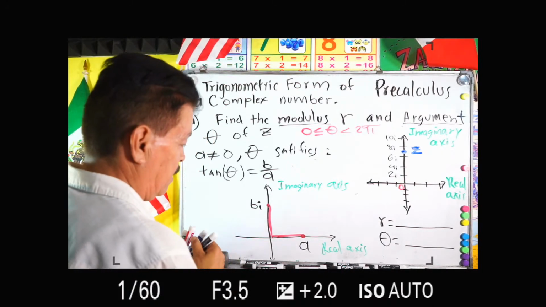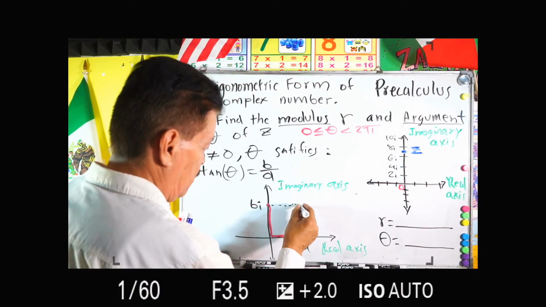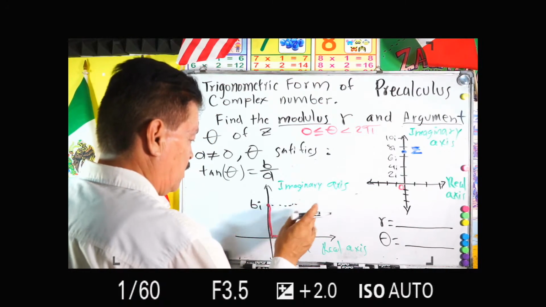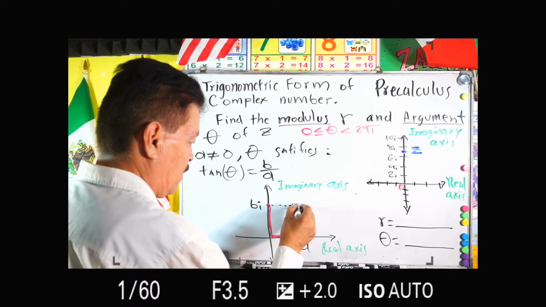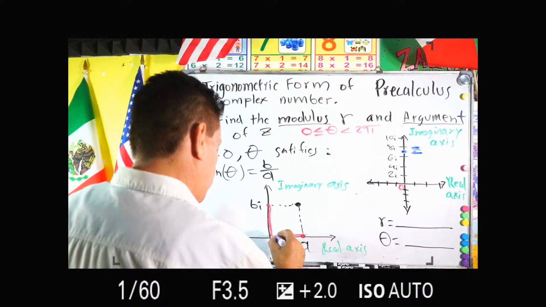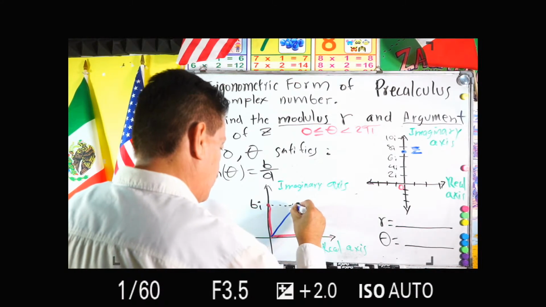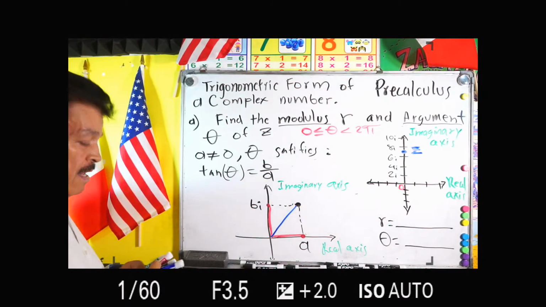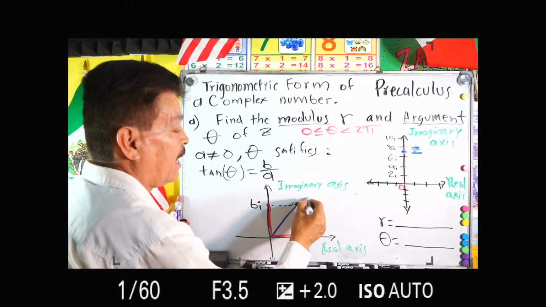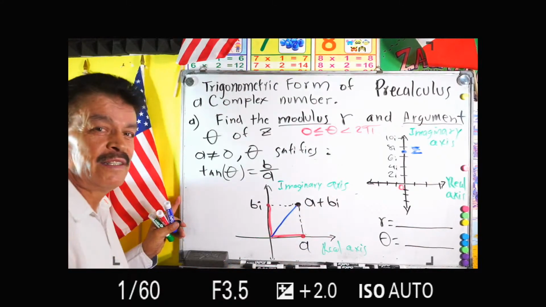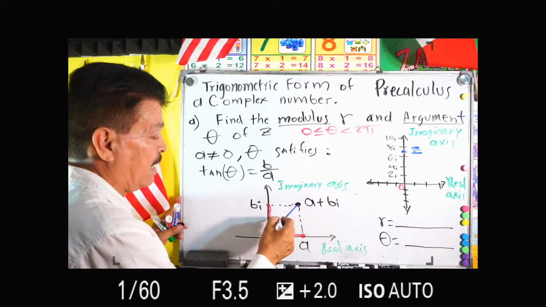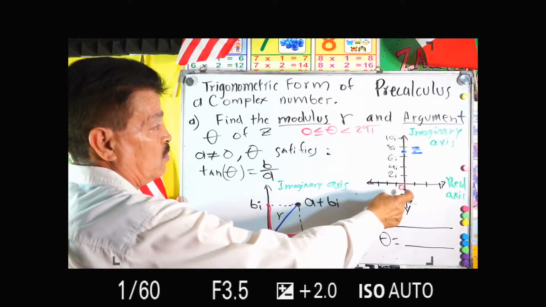The graph is running this way, and this point here is a plus bi. You got it. In this line we call r, the absolute value or the modulus.